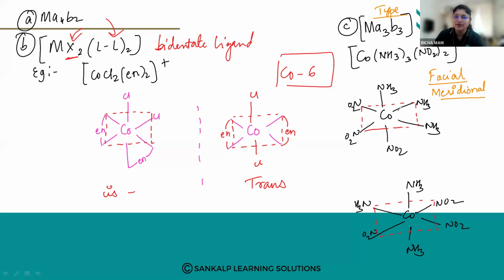Now here, at this particular position, you can see how the nitro groups are placed in one form. So let me mark it first, then I can explain. Here you can see that the nitro groups are at one position like this.